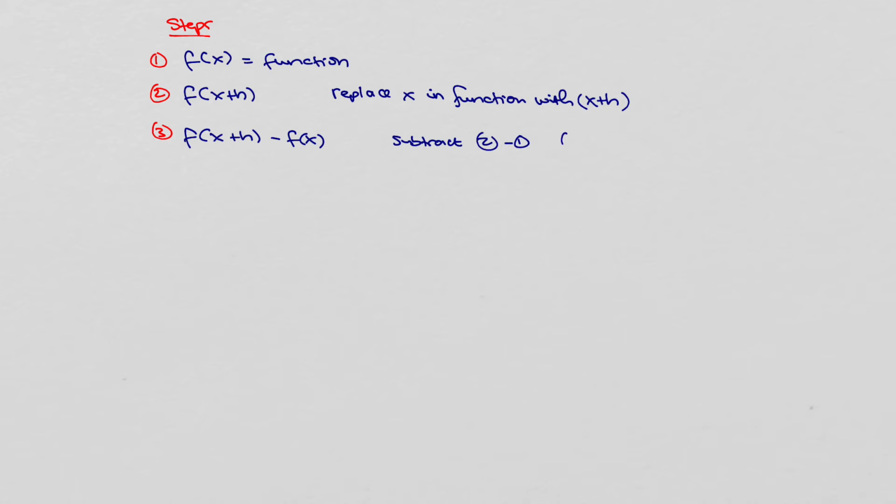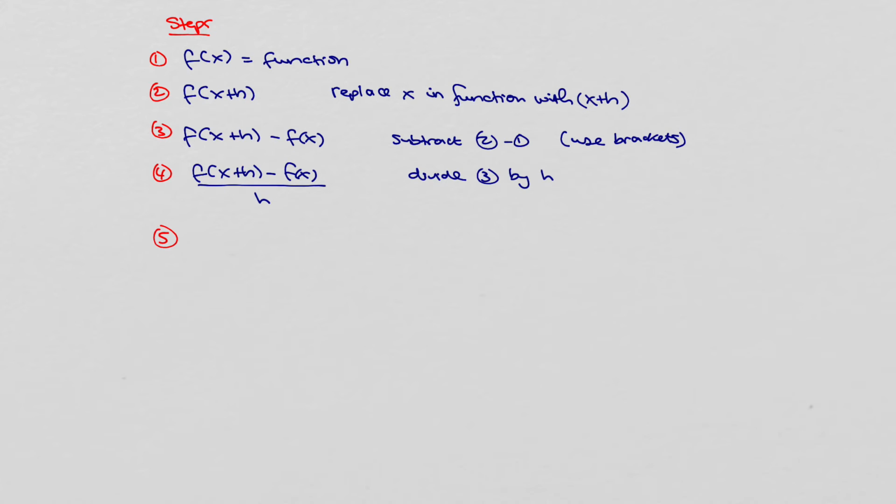Making sure you're using brackets, because if there's a minus sign there, that will lead to mistakes. The fourth step is we have to divide by h. And then the last step is we get our limit as h tends to 0.